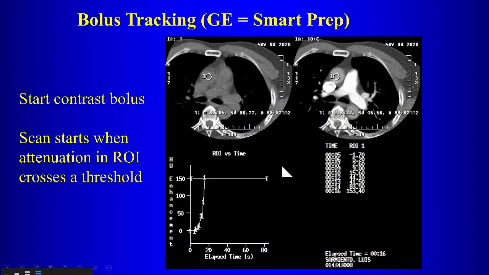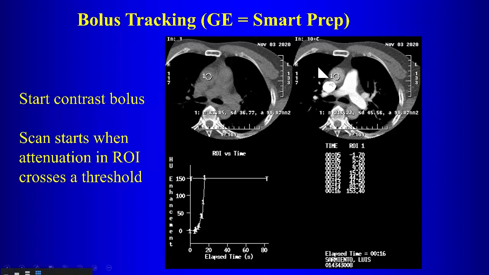So to optimize the acquisition in terms of the attenuation, in terms of getting the coronary arteries maximally opacified when we're scanning, we use bolus tracking, and GE calls it smart prep. So what we do is we localize the ascending aorta here, and then as we are giving the contrast, we obtain a series of low dose images at that particular level, and only at that level as the contrast is going in.